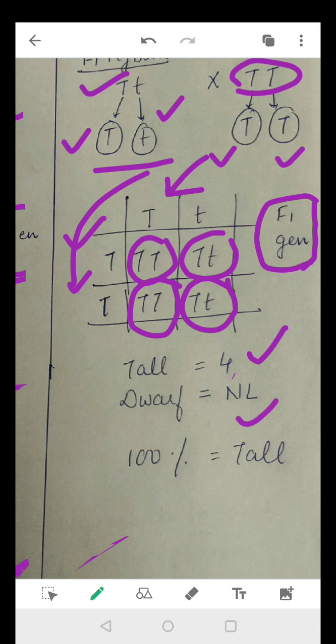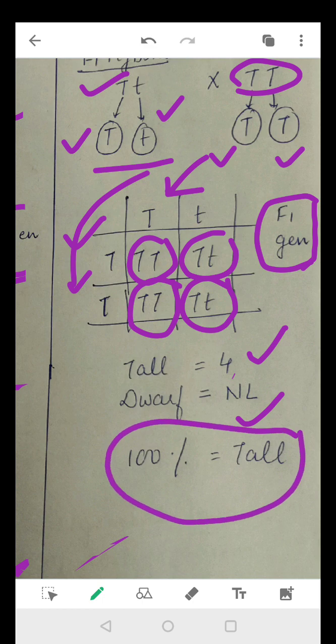There is no dwarf at all. So all the plants are tall. So the probability of getting tall plants is 100%, and the probability of getting dwarf plants in the F1 generation is nil. So there is no dwarf plant here.